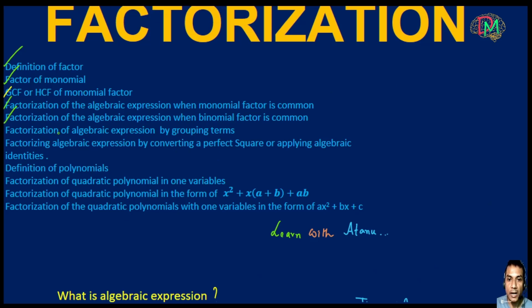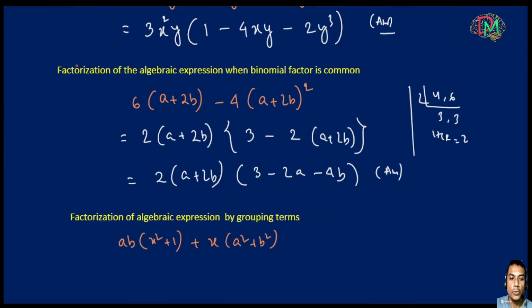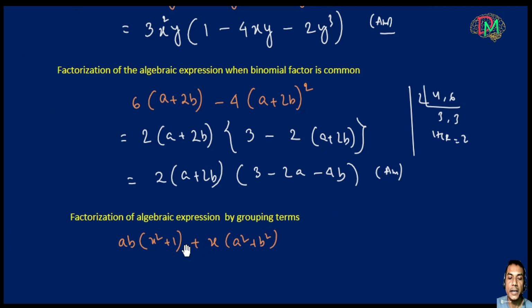Next we learn the factorization of the algebraic expression by grouping terms. To learn this, first we have to identify the question. Why is this question under this concept? Look at this. The binomial terms, that is x square plus 1 and a square plus b square, are not common.